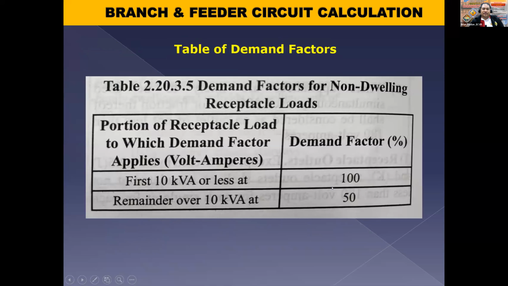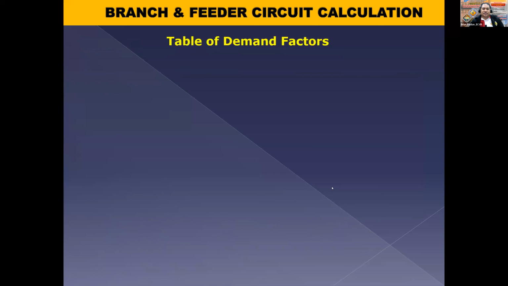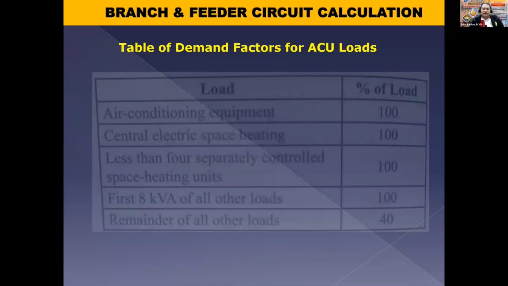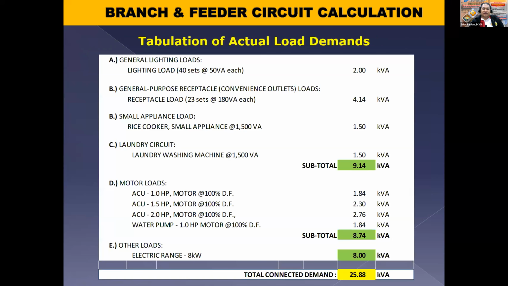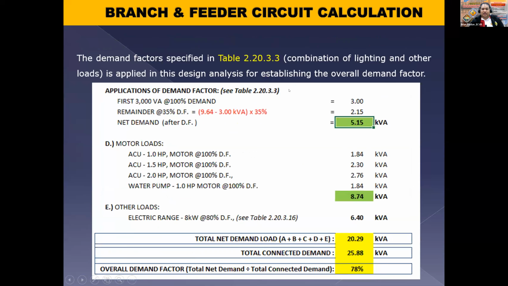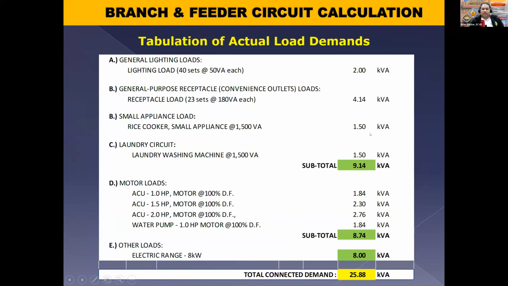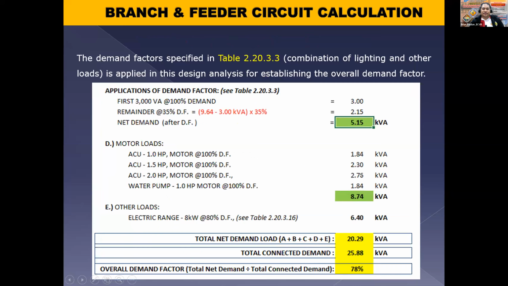It's a duplicate. Now for outlets, okay. This is already doubled. So this is our actual load earlier without demand factor correction. So now, let's try another setup so we can really see the application of demand factors.